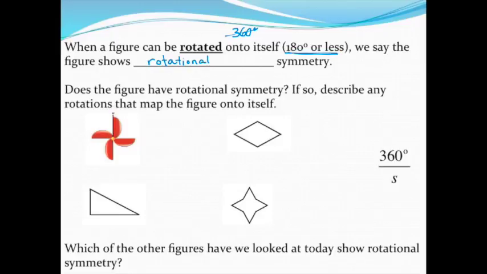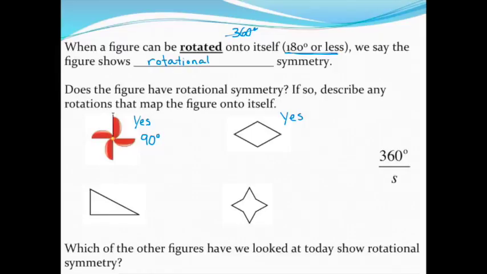So let's take a look at a few figures and see if they have rotational symmetry. The first example we have is this fan or pinwheel or whatever it is, and yeah, that's going to show rotational symmetry. If you take your paper and turn that 90 degrees, a quarter turn, you can see that it looks like the original figure. Next up we have this diamond rhombus type thing, and once again, yes, that would show rotational symmetry.